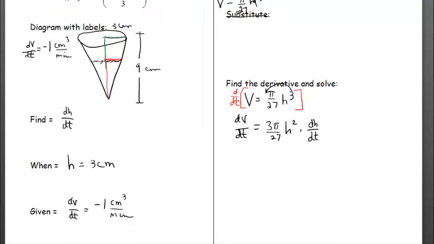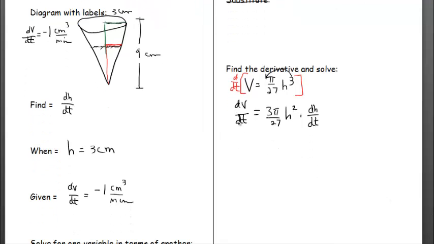All right, I think we can find what we need. dV dt is -1. I'm going to change this to pi over 9. h was 3, squared, and I'm finding dh dt. You could have isolated dh dt and then plugged the numbers in, but I'm just going to do it this way.